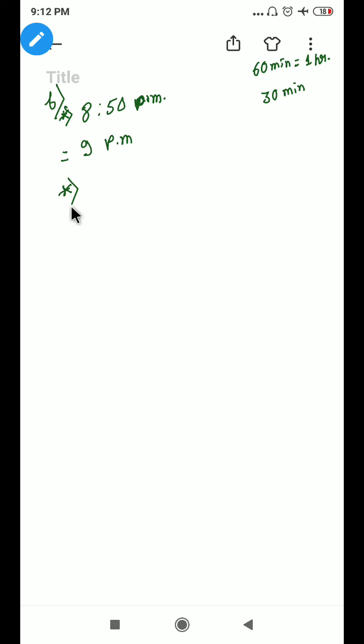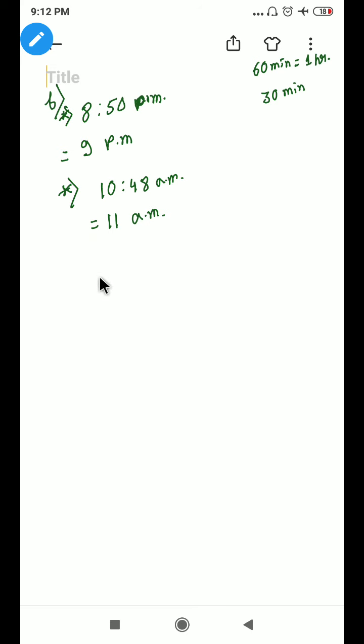The next one is 10:48 AM. The minutes are 48, which is greater than or equal to 30. So you have to add 1 to the hour. This will be 11, so just write 11 AM.